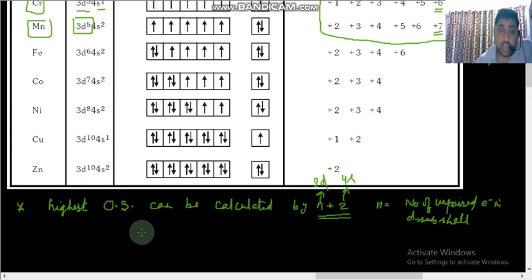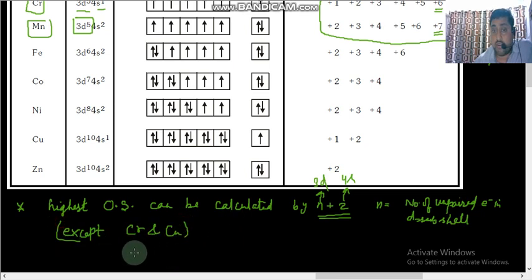But this is not applicable in the case of chromium and copper. Can I tell you why? Because in chromium it is not 4s2. Chromium has 3d5 4s1, and copper has 3d10 4s1.